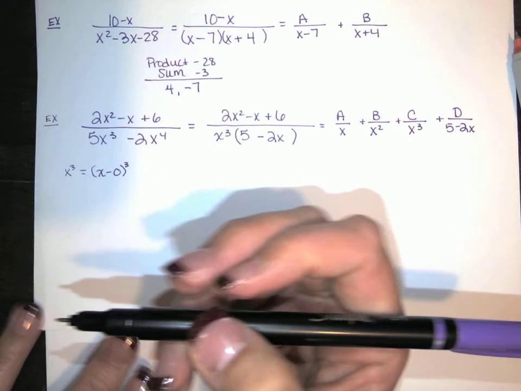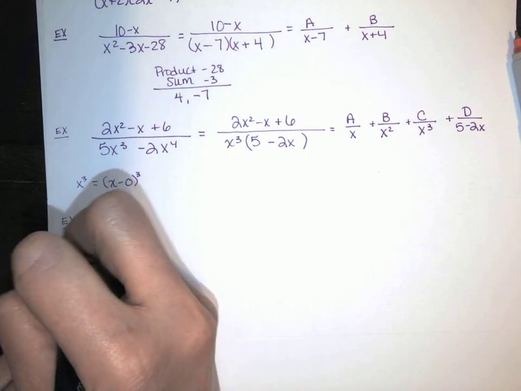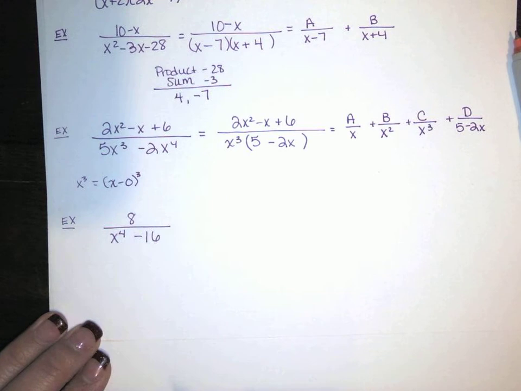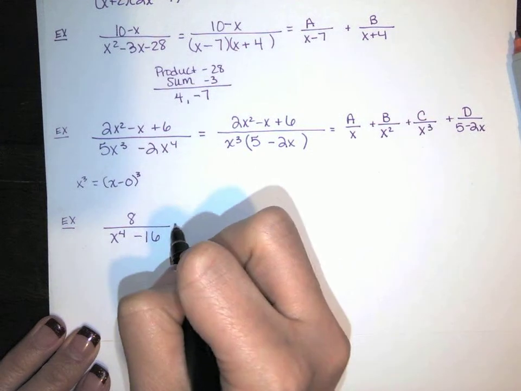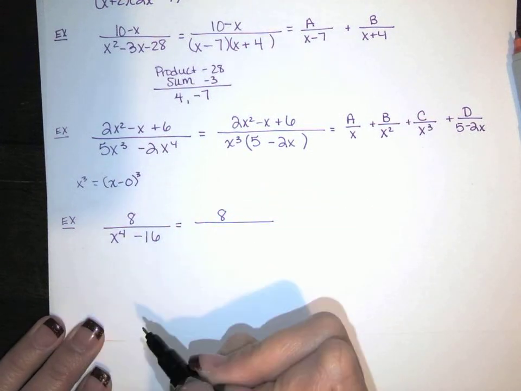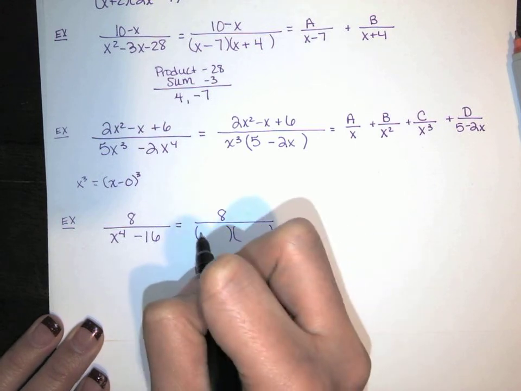Okay, last example. Okay, so I've got x to the 4th minus 16 in the denominator. That's good. That's a difference of squares. X to the 4th is x squared squared, right?